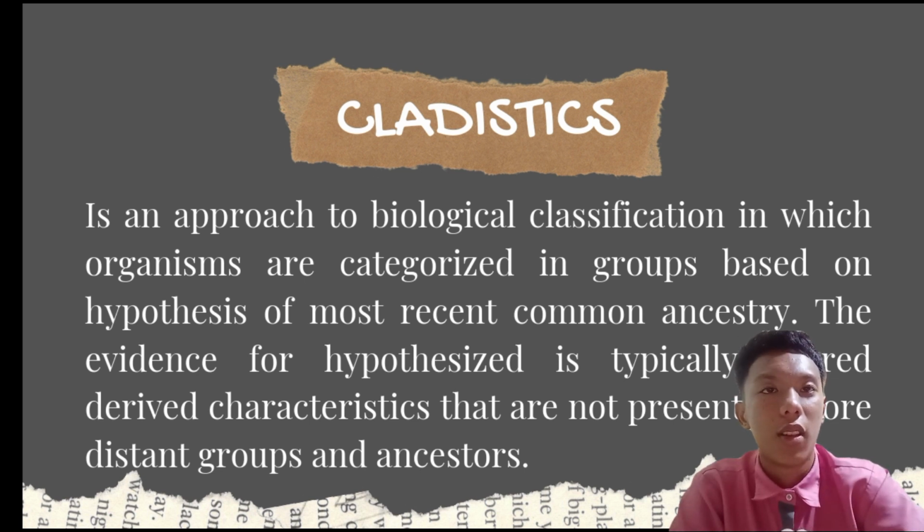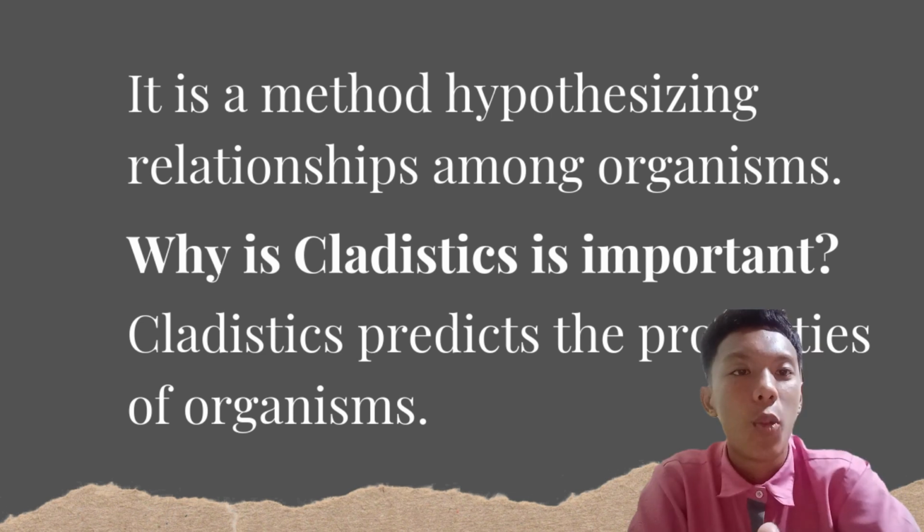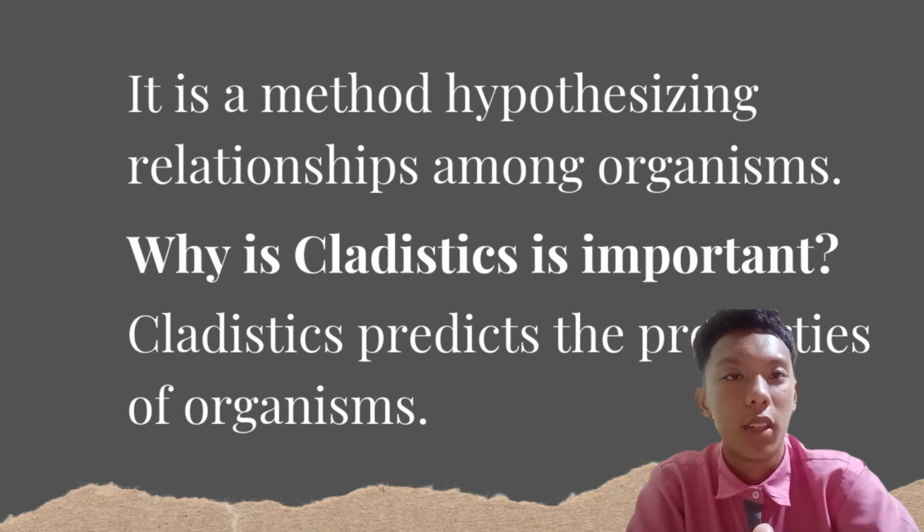The evidence for hypotheses is typically shared derived characteristics that are not present in more distant groups and ancestors. It is a method of hypothesizing relationships among organisms. Why is cladistics important? Cladistics is important because it predicts the properties of organisms.